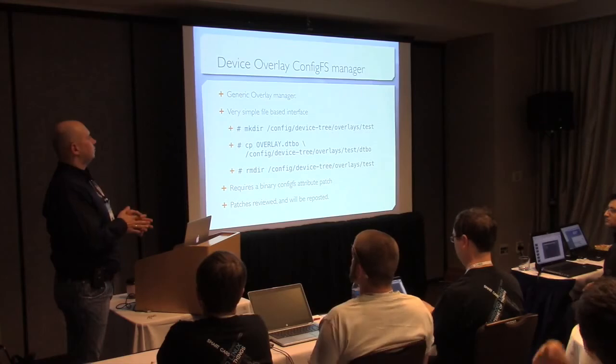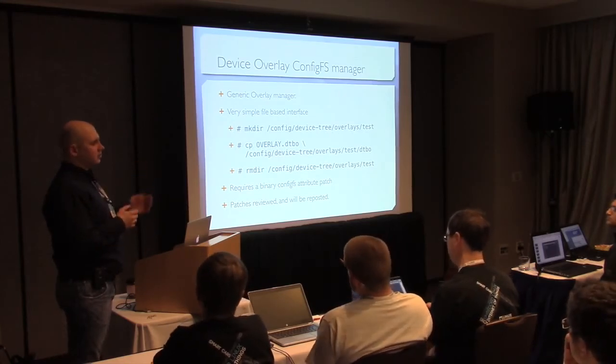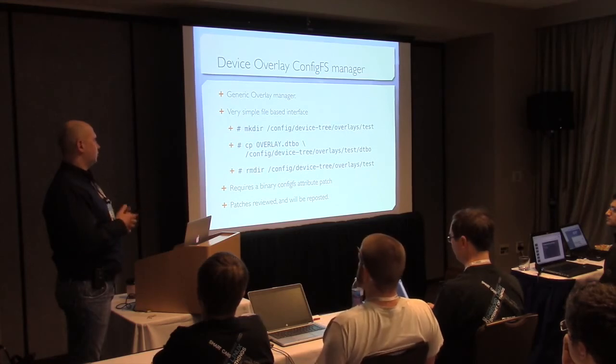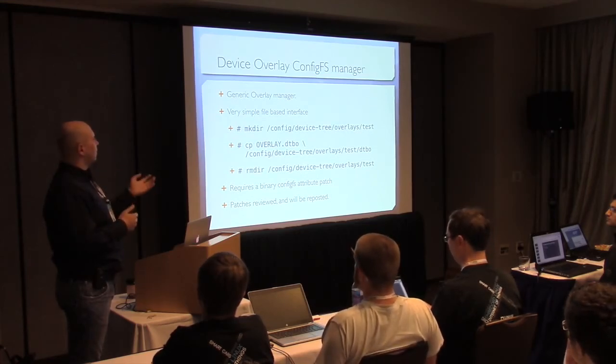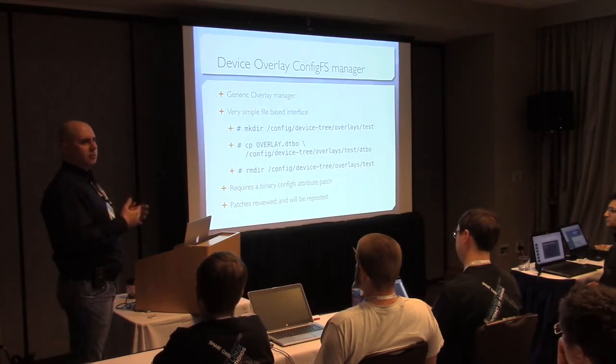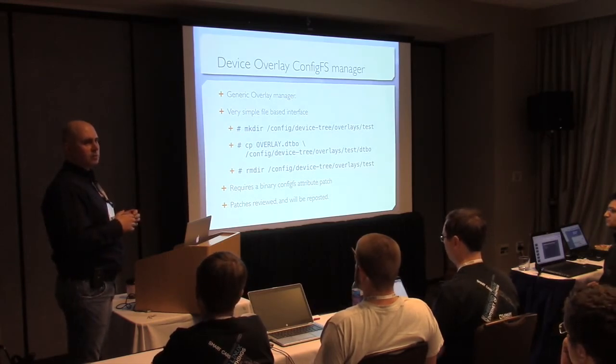So the ConfigFS manager is not part of the mainline yet. Patches are provided, but not in yet. I don't know if you've ever used ConfigFS. You might have used it for USB gadget, because the configuration of it is by ConfigFS.